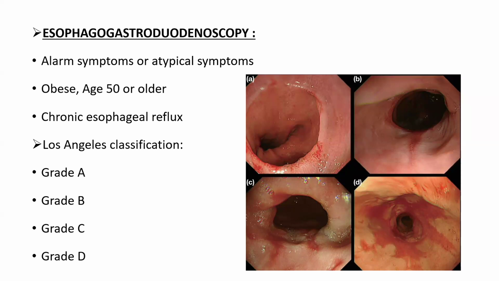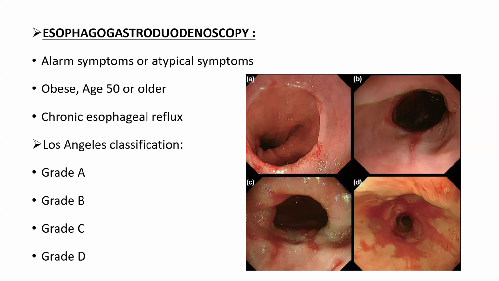And the Los Angeles classification includes the following grades of reflux esophagitis. Grade A is greater than or equal to 1 esophageal mucosal break, which is less than 5 mm long, and grade B includes greater than or equal to 1 mucosal break, which is greater than 5 mm long, but without continuity across mucosal folds.